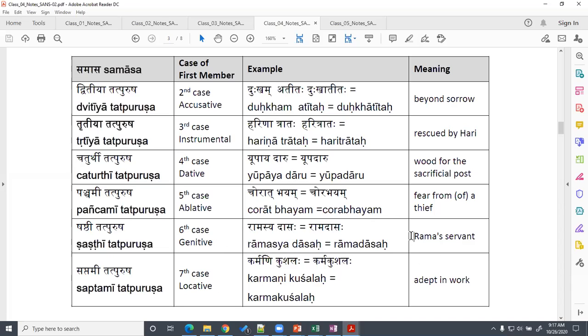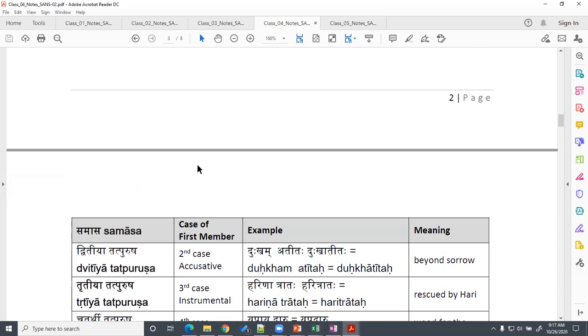Ramadasah, Ramasya Dasah, Rama's servant. So this is the most common to be used, and then after that Tritiya Tatpurusha. But once in a while you will find the use of other Tatpurusha Samasa also.